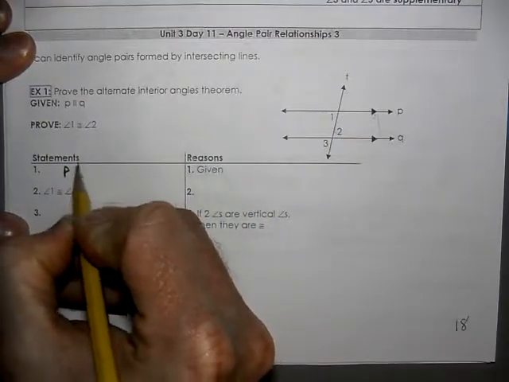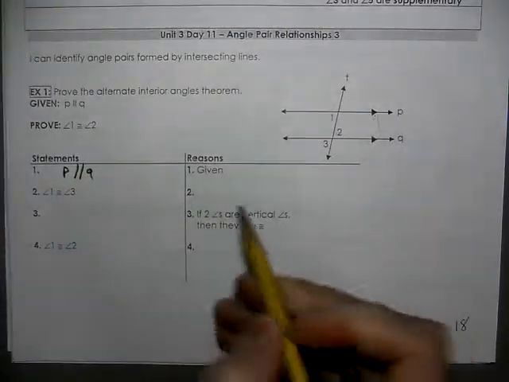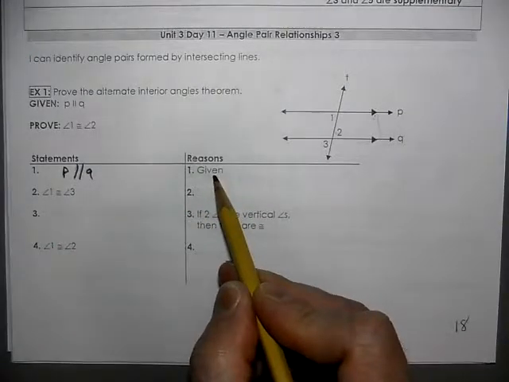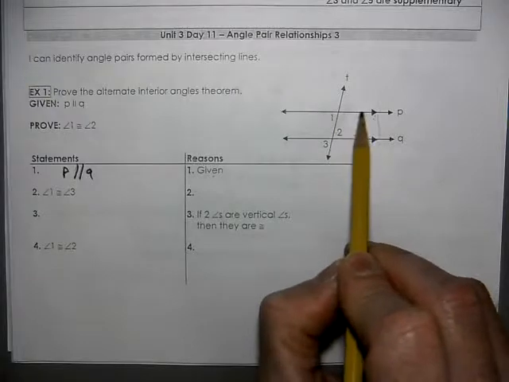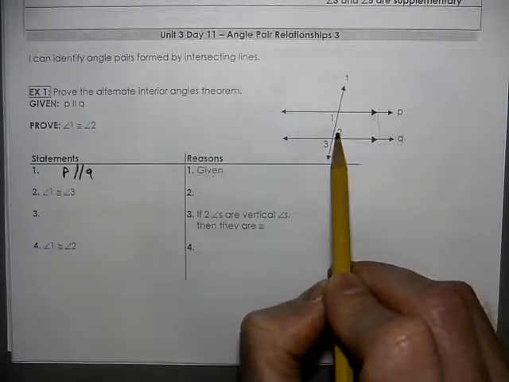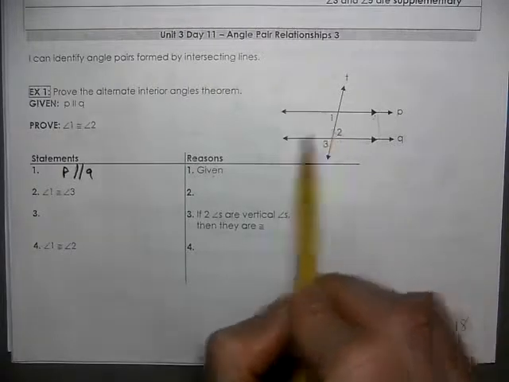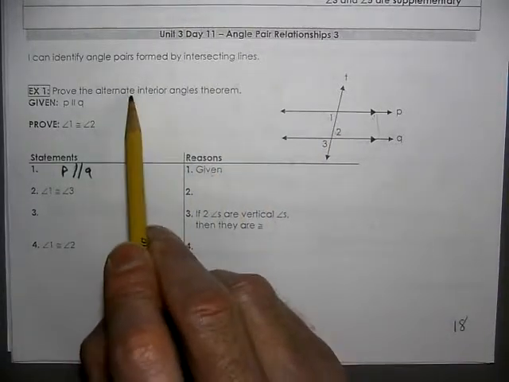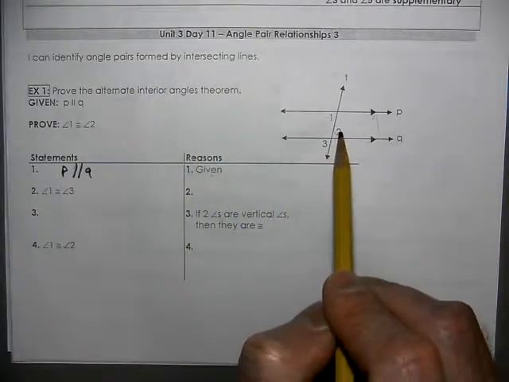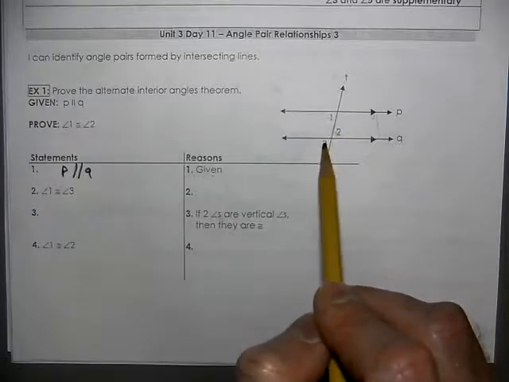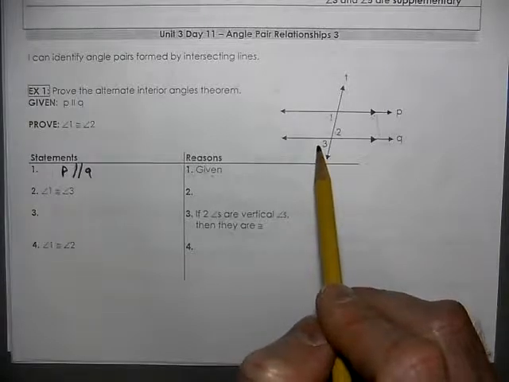So P is parallel to Q. That's our given. If P is parallel to Q, I can't say right now that 1 and 2 are congruent because that's what we're trying to prove about this alternate interior. So I'm going to be able to say that corresponding angles, that's our postulate, we can always use that one.